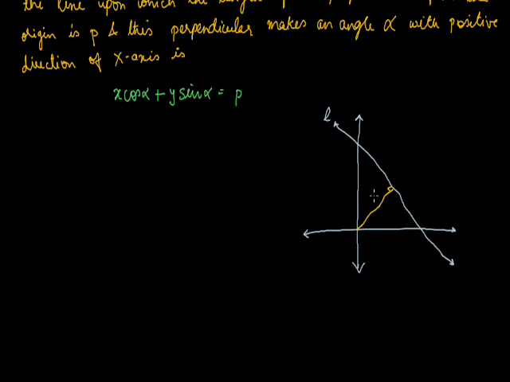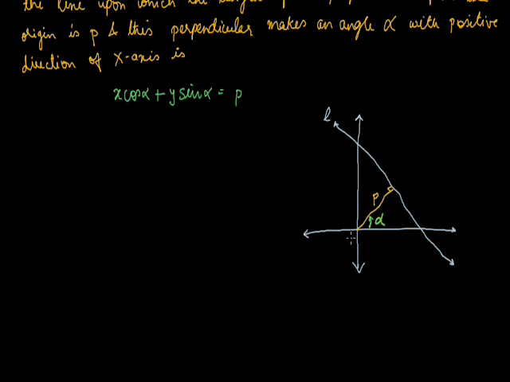The length of this perpendicular is small p, and this perpendicular makes an angle alpha with the positive direction of x-axis. So this perpendicular makes this angle as alpha.